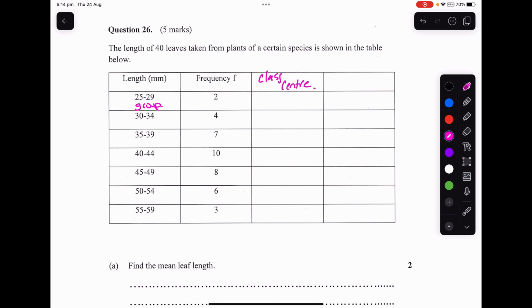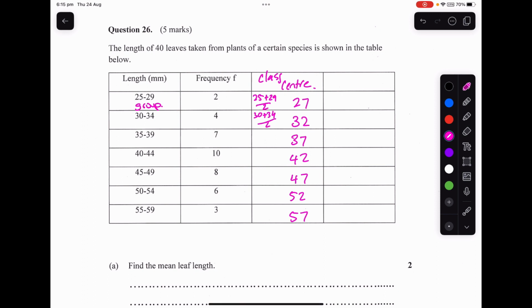Remember, to find the class center, we add the group numbers together. So 25 plus 29 and divide by 2. So this one would give us 27. Then this one would be 30 plus 34 divided by 2, which would give us 32. And we keep going. 37, 42, 47, 52, 57.